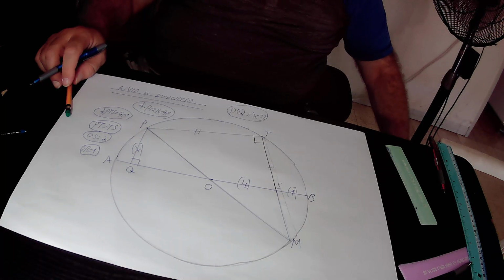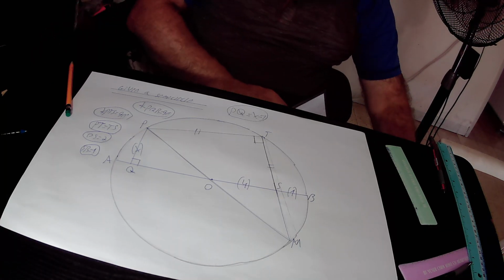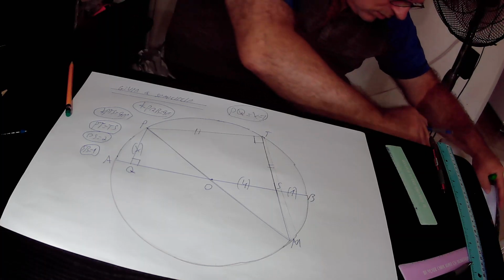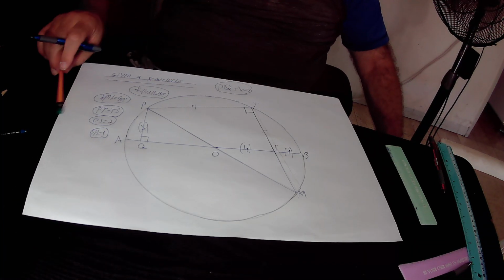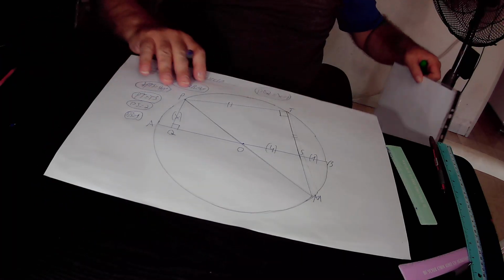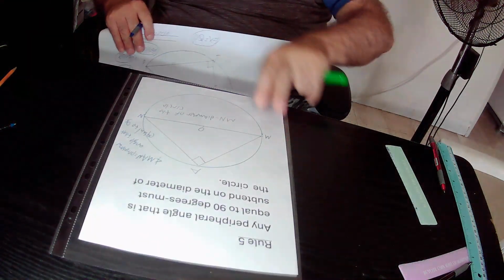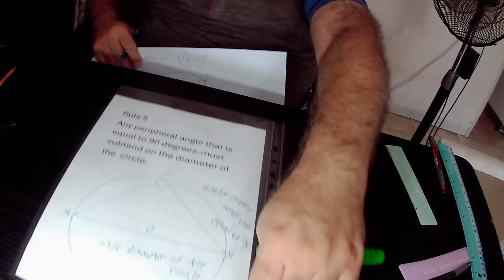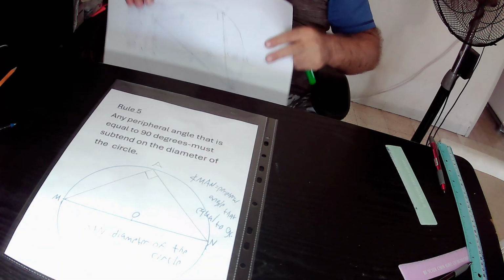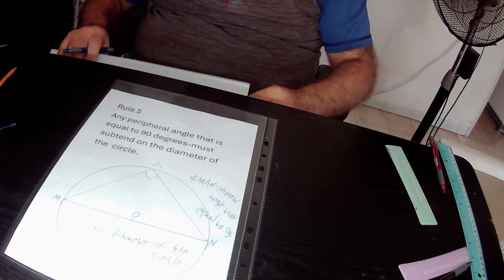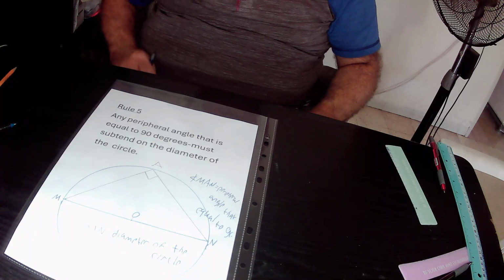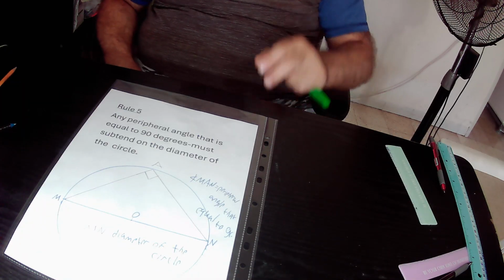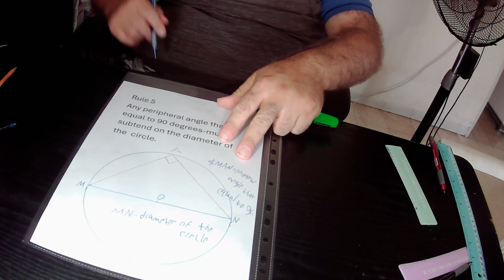I'll repeat quickly rule 5. According to rule 5, any peripheral angle that is equal to 90 degrees must subtend on the diameter of the circle. In the drawing we have a circle.